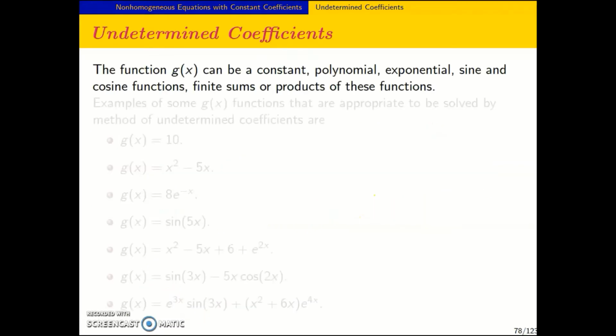What are the cases that we can consider?